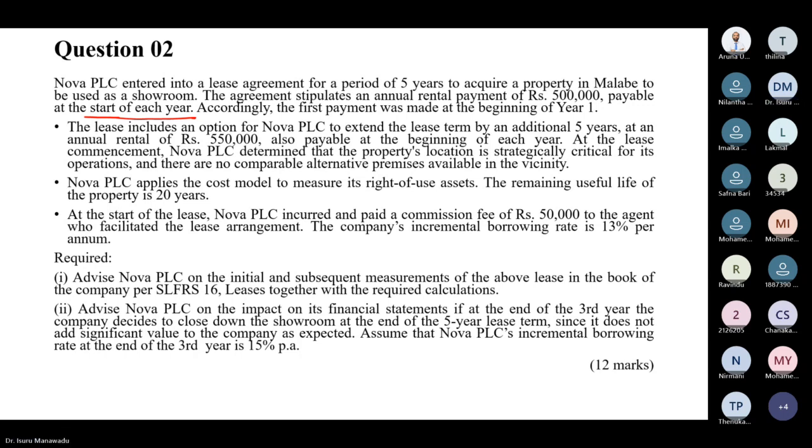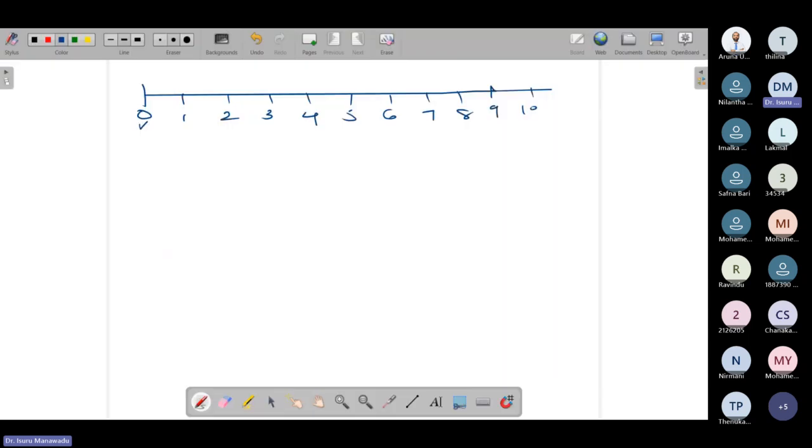They will be renewing or continuing to use that particular property. There is no alternative in that manner. So that's why that information has been given. With that information, we can conclude that the total lease term is 10 years. Total lease term is 10 years.